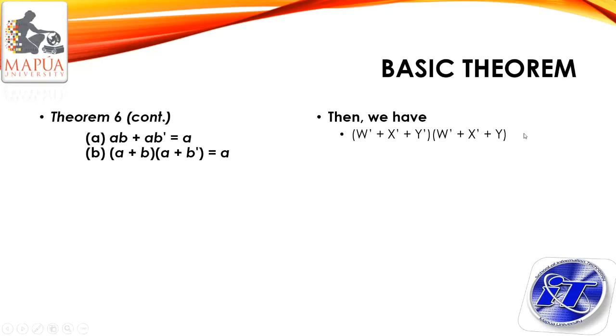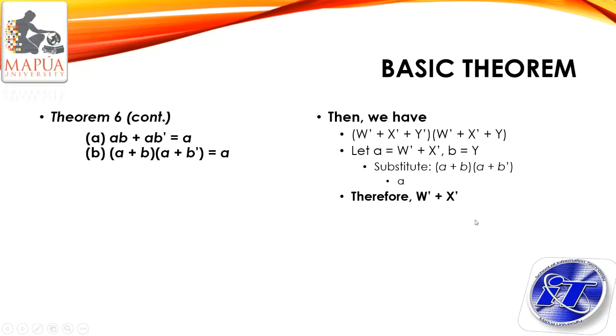Yes, Y not and Y. Therefore, theorem number 6 could be implemented. So let A be W not plus X not, B is equal to Y. Using the second form, we have this equation. Therefore, it is equivalent to A, which is W not plus X not. So this is the simplified version of the four terms, four variables. Okay?